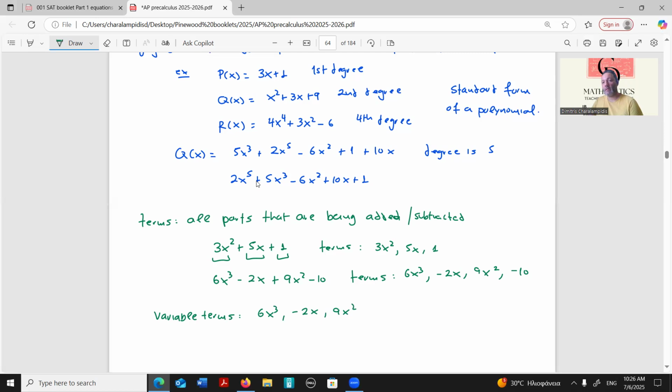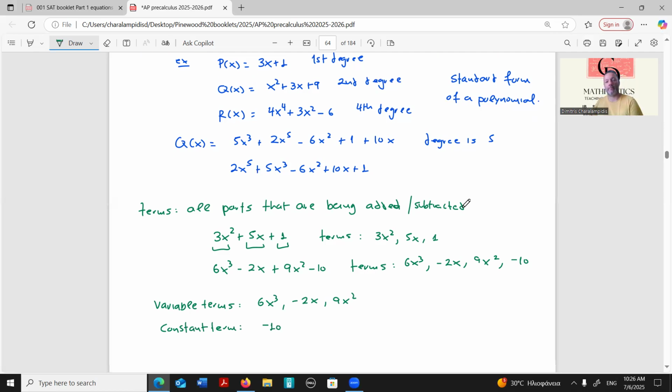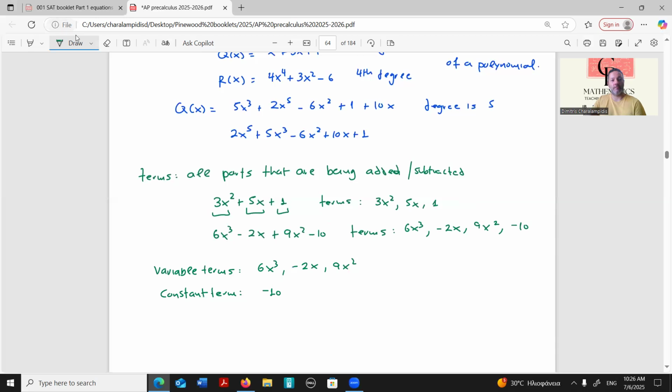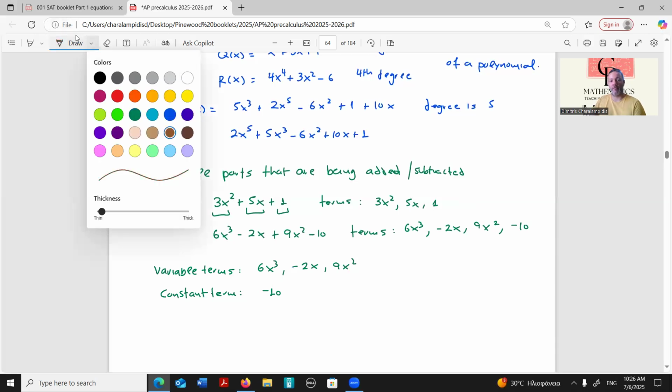Another term does not include any variable part, it's just a number. That term is called constant term. So in this case, the constant term would have been -10. In the variable terms, let's change color for a different definition.